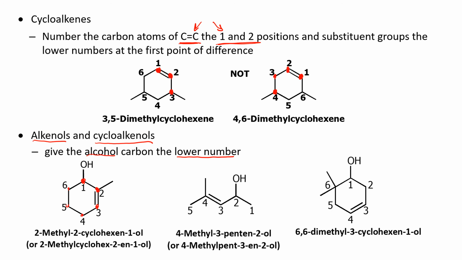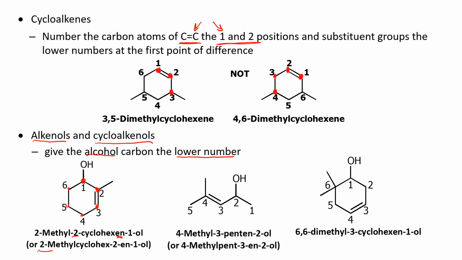We've got a 2-methyl, we've got a 2-ene, and we've got a 1-ol. Now you could have said 2-methyl-2-cyclohexen-1-ol. This 2 is referring to where the ene is. But this is why I like to put all of the locants for the suffixes directly attached to them at the end, because for my brain, it keeps it organized.